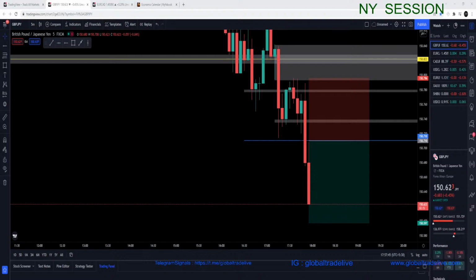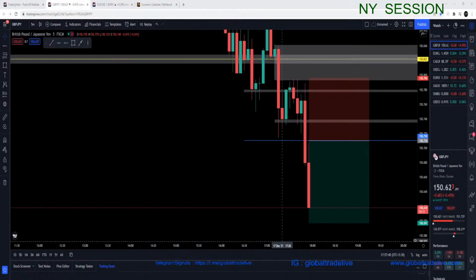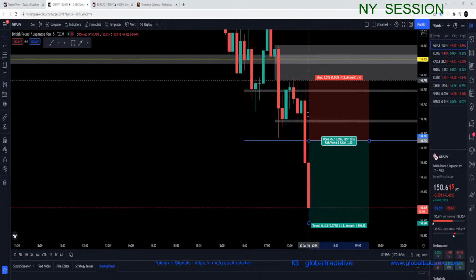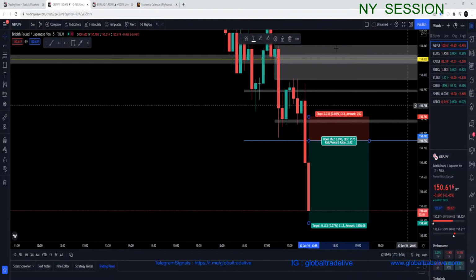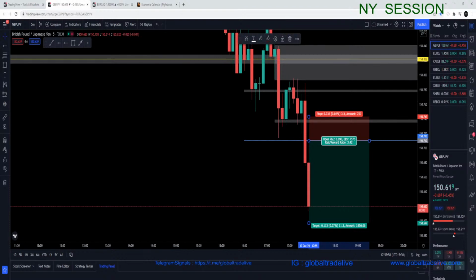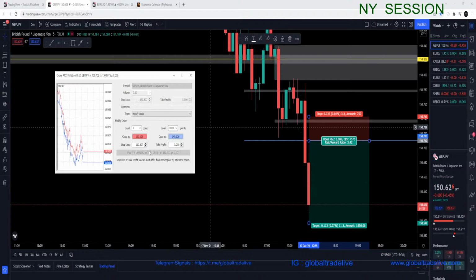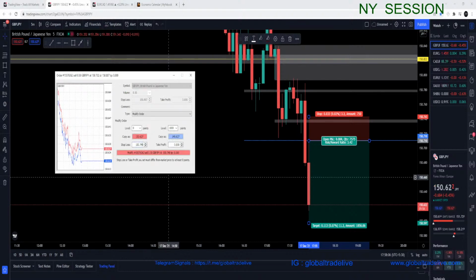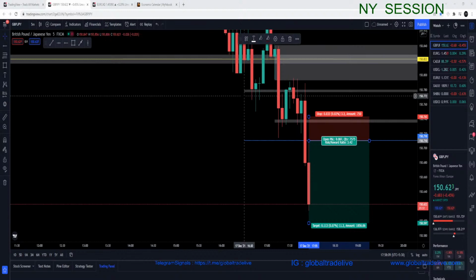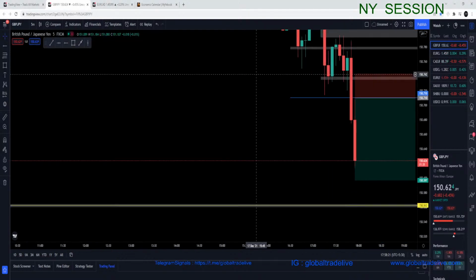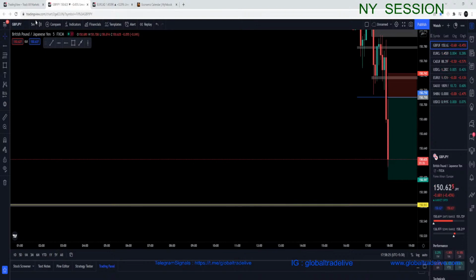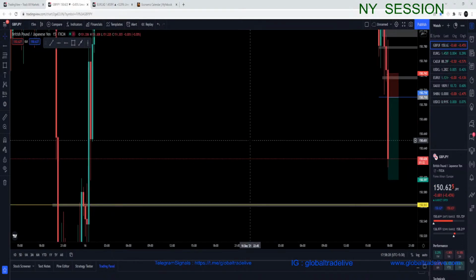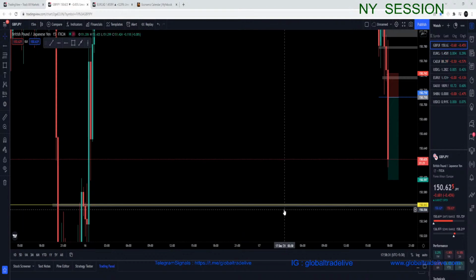1 hour candle should be moving all the way down from here. Shifting my stops above these wicks at 150.743. It should be tapping this area now.